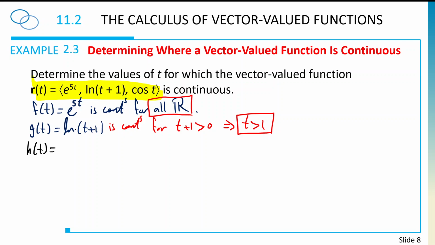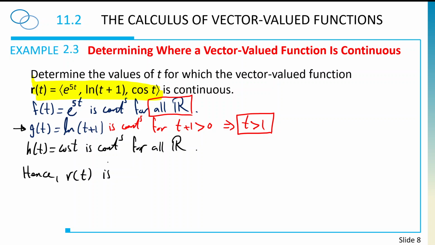h of t is cosine. Oh, this is our lovely function. The cosine is continuous everywhere, for all real numbers. So now what's the overall result? Hence r of t is continuous on the intersection of the three domains. The first and third don't affect it, so what controls the domain is the second one.